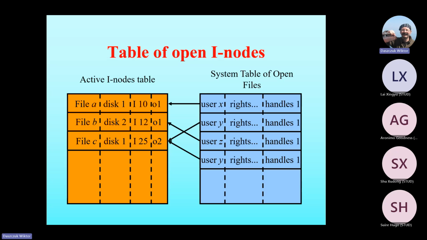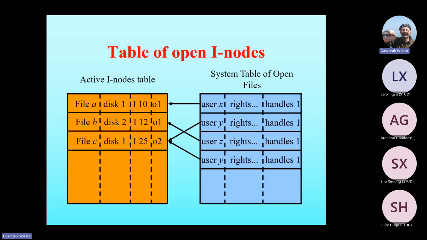I can if I have this right, effective right, written in this table. And number of handles. What is number of handles we will discuss later. And this file is opened 2 times, but by user Y, so we have open count equal to 2.